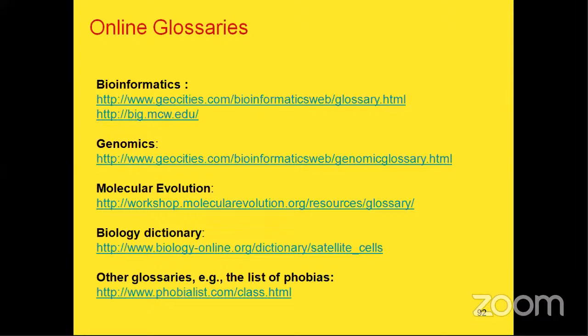Generally, the beginners, like the students or the researchers who would like to start bioinformatics research, these websites would be very helpful. They would give you certain ideas about the various aspects of bioinformatics.